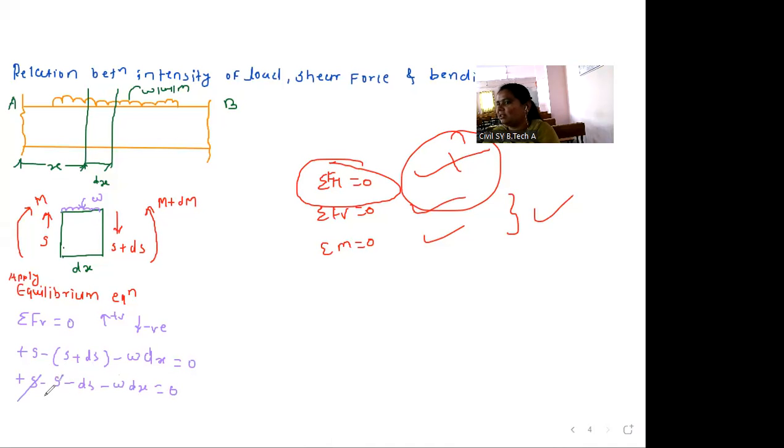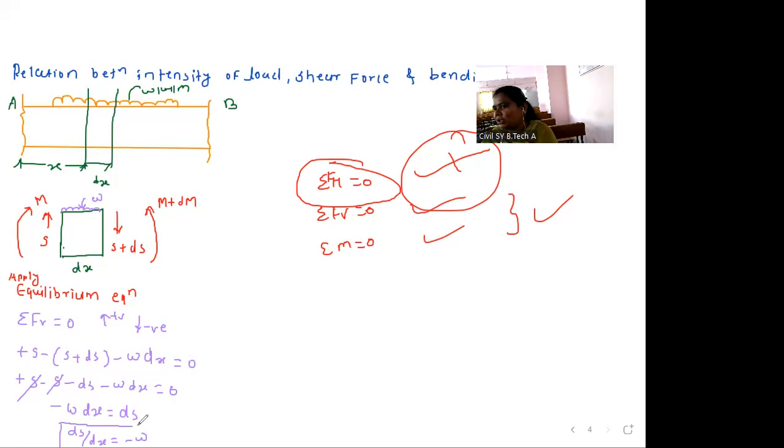This plus S and minus S get cancelled. Now we will shift this dS to the right side. So minus w dx is equal to dS. So dS divided by dx is equal to minus w. I have only shifted this dx to the right side.